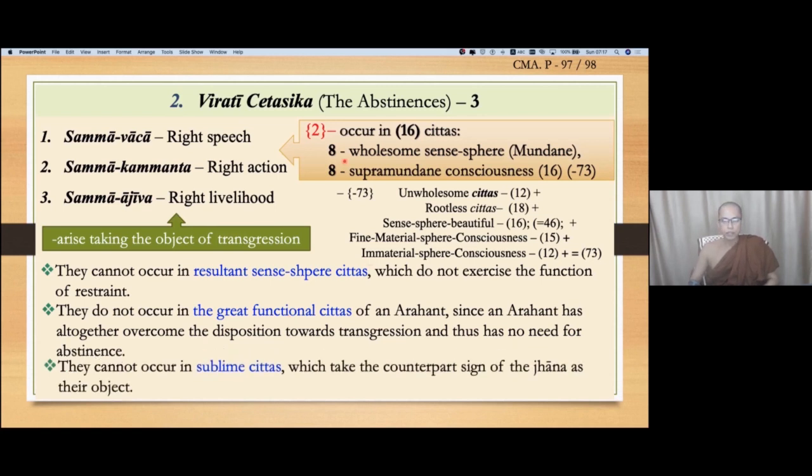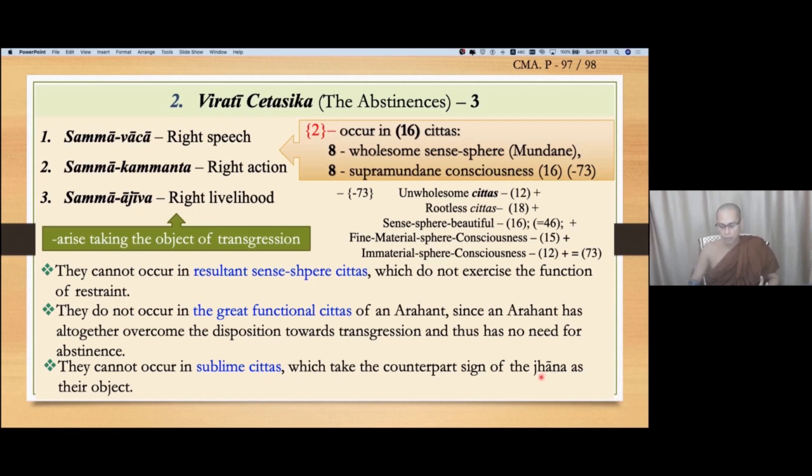Then they cannot arise with the sublime consciousness. Here, 27 sublime consciousness, they cannot arise. What is the reason? The reason is the viratis and sublime consciousness have different objects. So here, the abstaining mental factors take the object of transgression, and the sublime consciousness take the object of counterpart sign. So all the sublime consciousness are jhana.